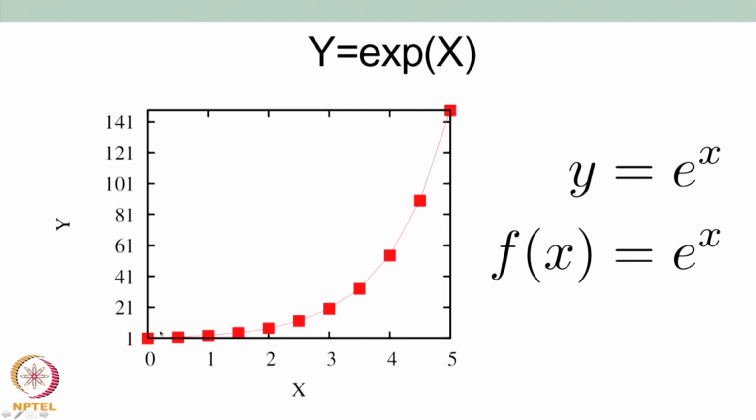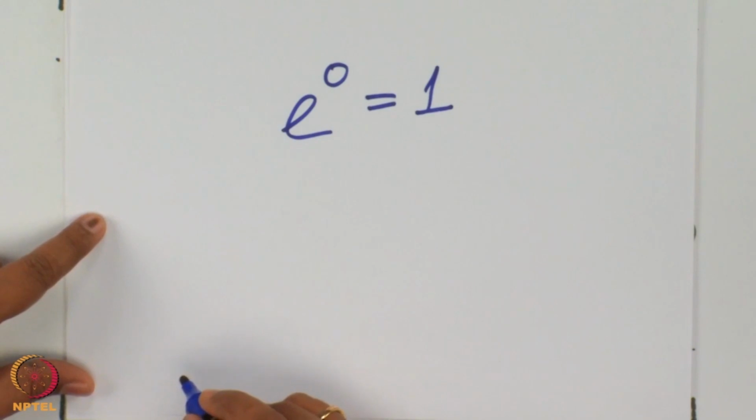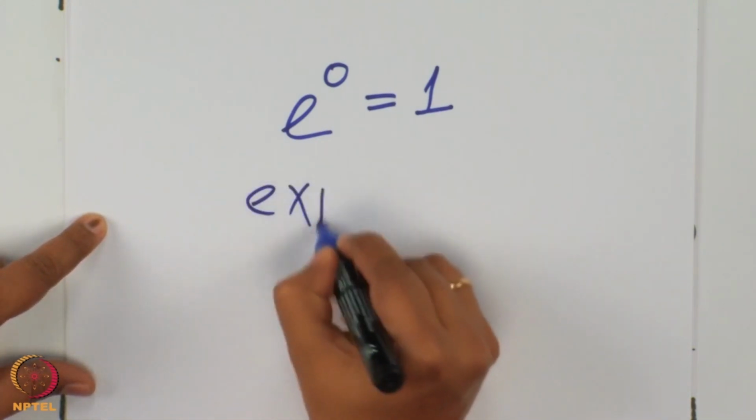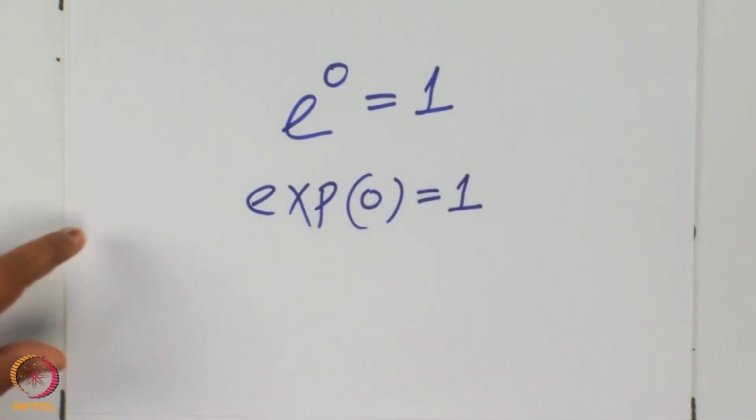Interestingly, note that e power 0 is 1. This is very important to understand. e power 0 is 1. It can also be written as exponential of 0 is 1.